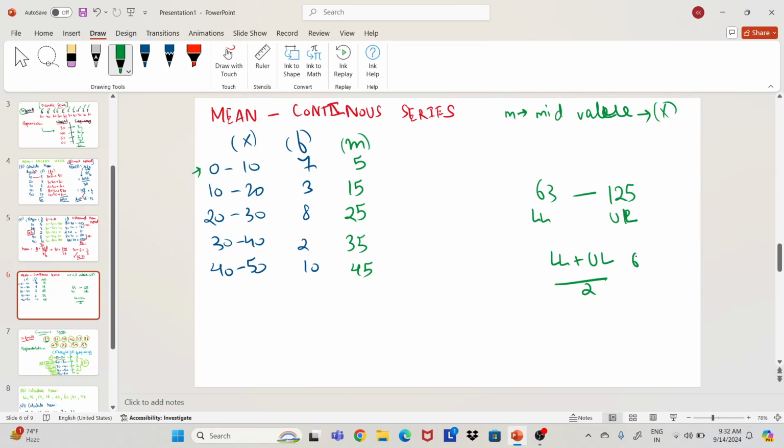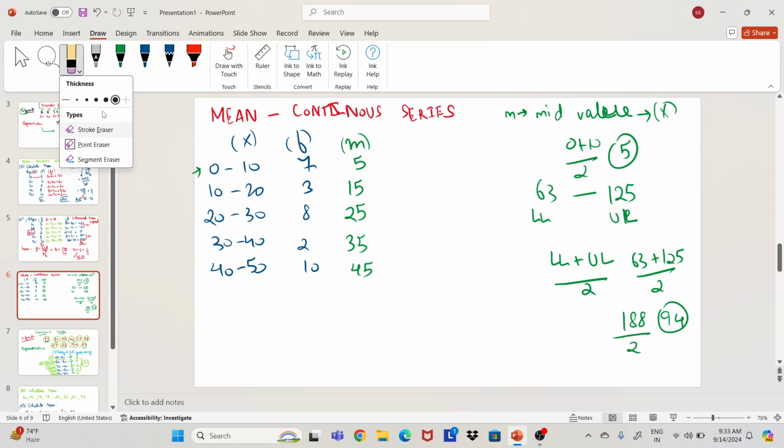So 63 plus 125 is 188, divided by 2 is 94. This is the mid value. In this case, 0 plus 10 divided by 2 is 10 by 2, that is 5. So you can calculate it for every case.